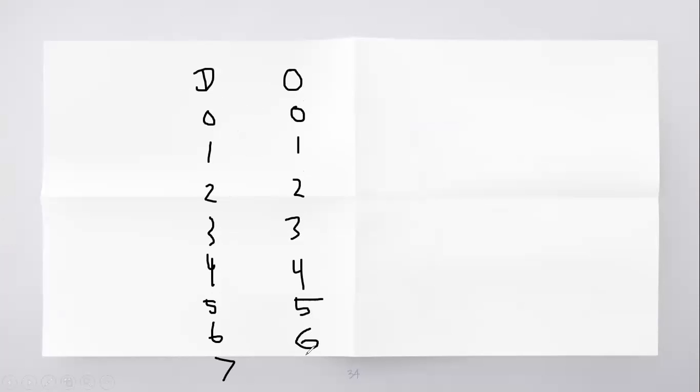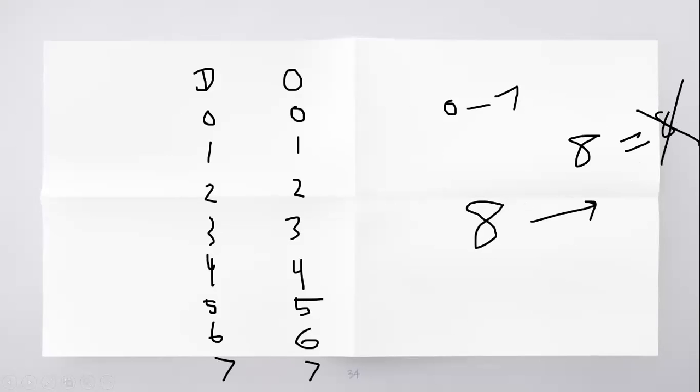Do you understand that? Okay, you can understand that, right? So decimal and octal will have 0 to 7 only in number. So 8 is not available in octal. So we cannot say 8 of decimal is equal to 8 of octal because there's no number called 8 in octal. So from 0 to 7, the decimal number is equal to the octal number.